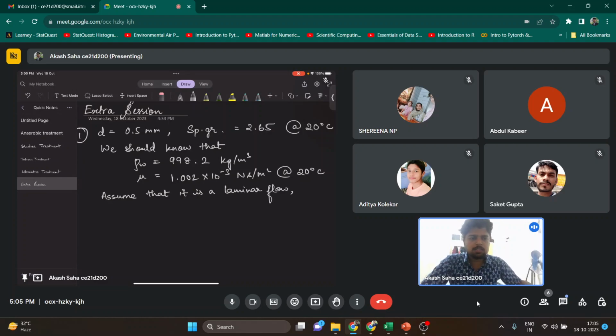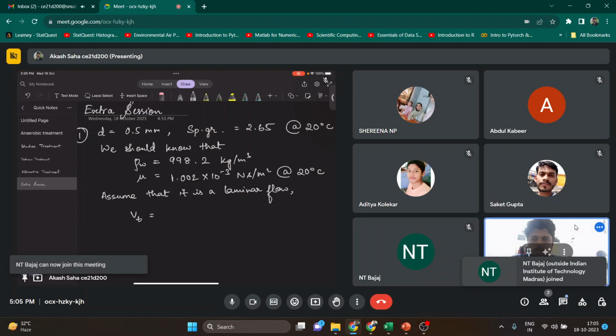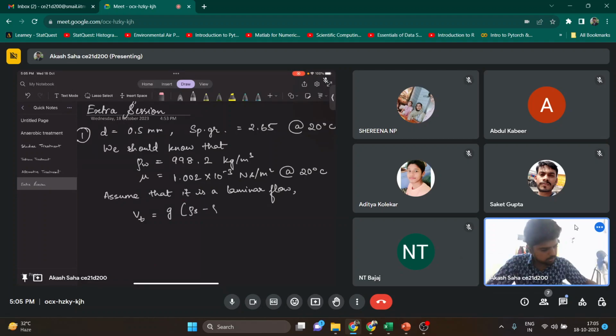By this assumption, we can easily find the terminal velocity, because we know that the terminal velocity, only in the case of laminar flow, is g (rho s minus rho w) d square by 18 mu.